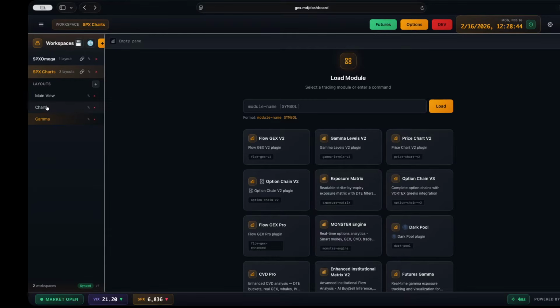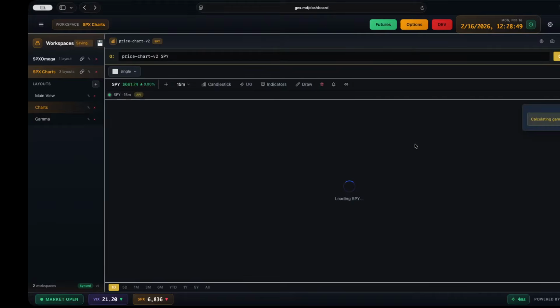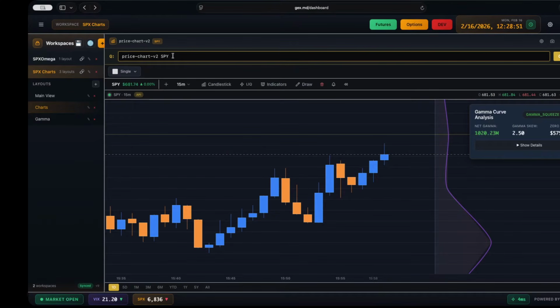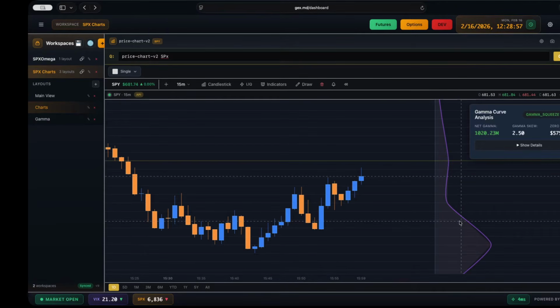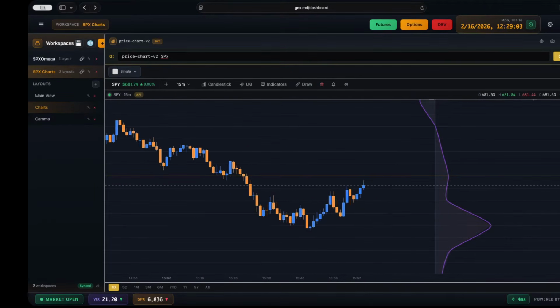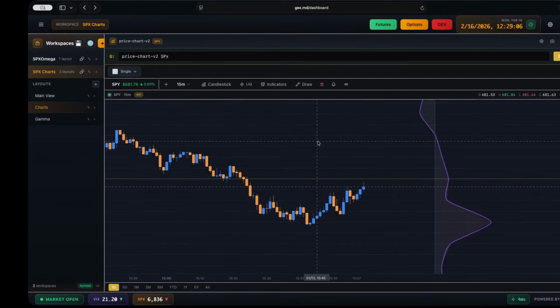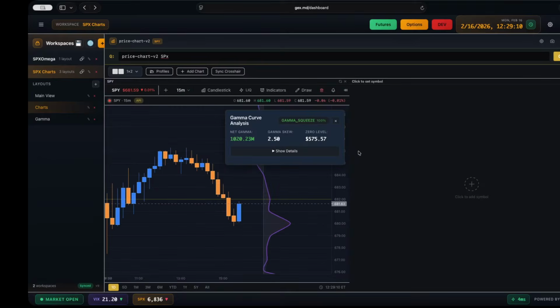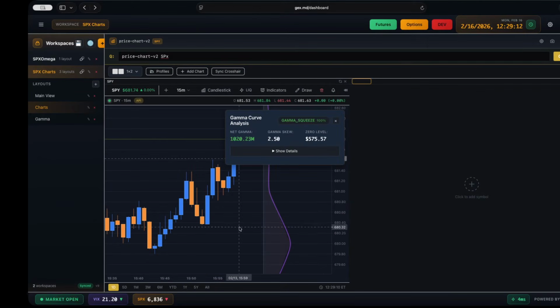So let's say you want to get the charts. You click on charts, then you get price charts, and then you put SPX, and then you can reduce it here. Say you want to see SPX and you want another chart, and then you want to see the VIX next to the SPX.